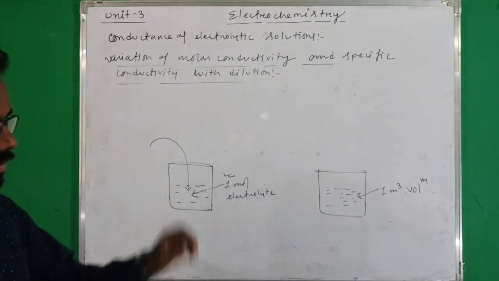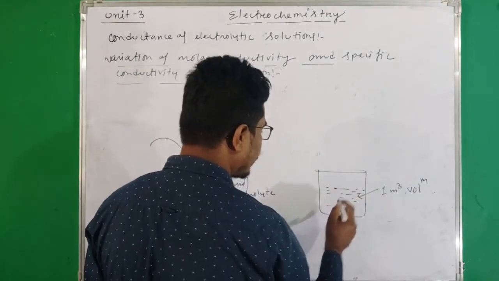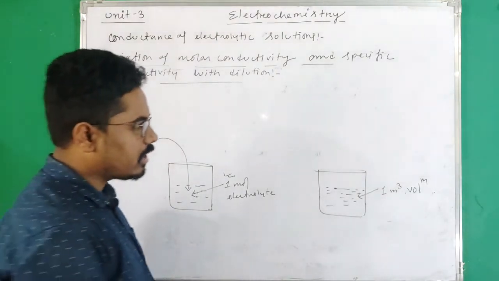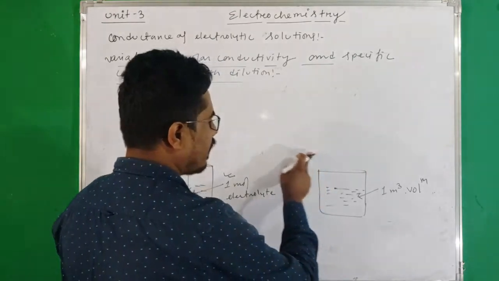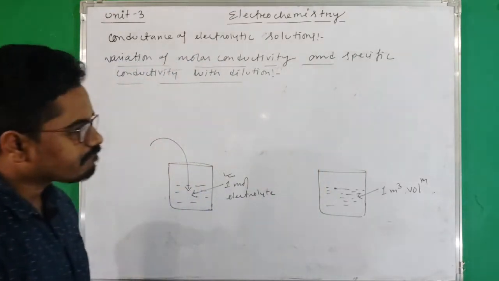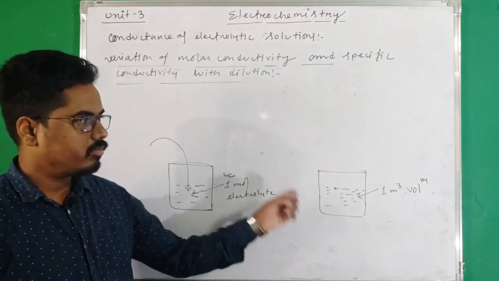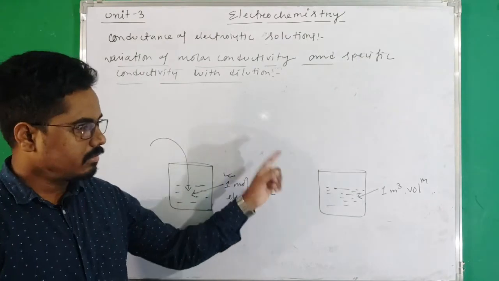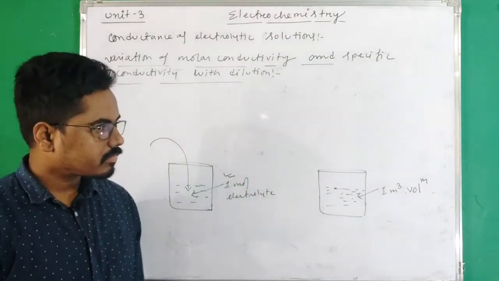In the second case the volume is always fixed, so we cannot increase the volume of the electrolytic solution, but to dilute the solution we can add less amount of electrolyte. Volume will always remain fixed, that is 1 meter cube, but to make it a dilute solution we will add less amount of electrolyte.